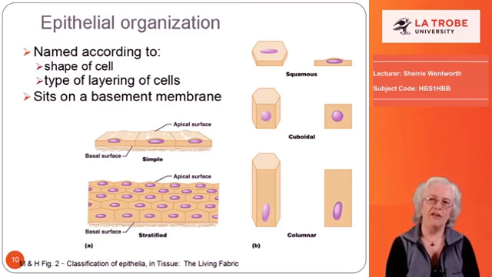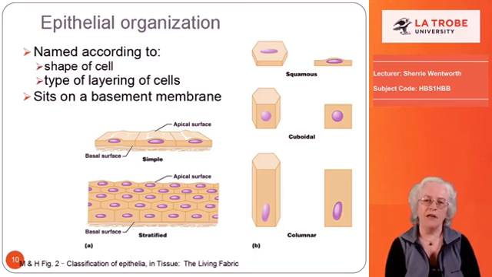We can then look at how these cells are arranged. They can be arranged in one single layer, which we refer to as a simple layer, and that then sits on the basement membrane on the connective tissue layer. Or we can layer these up, so we can have many layers of epithelial cells, and that is referred to as stratified.